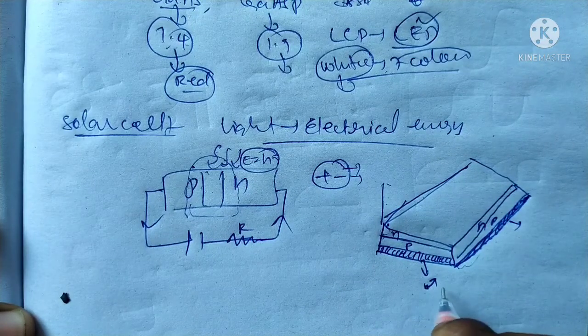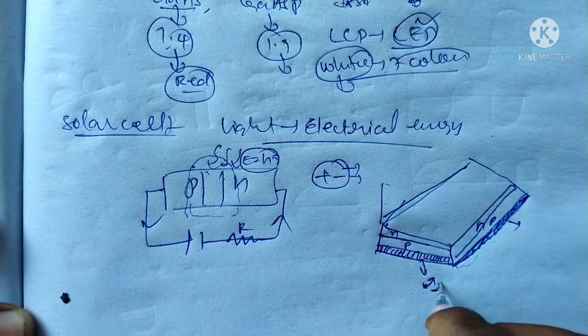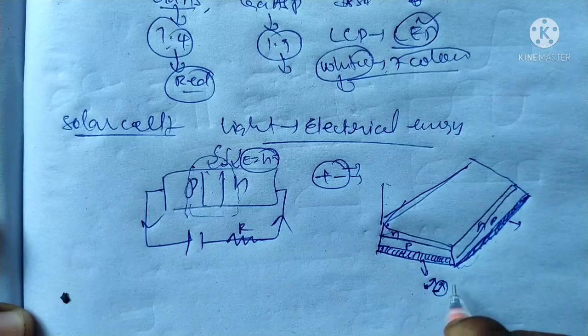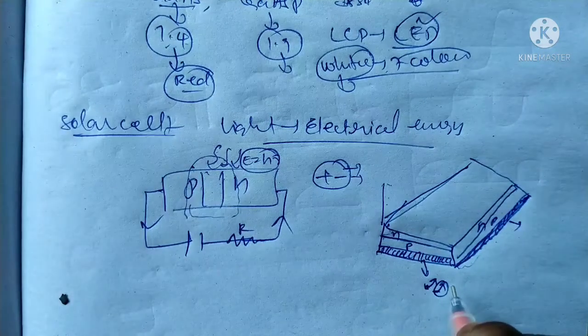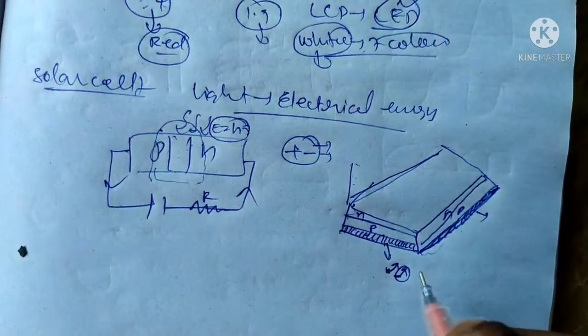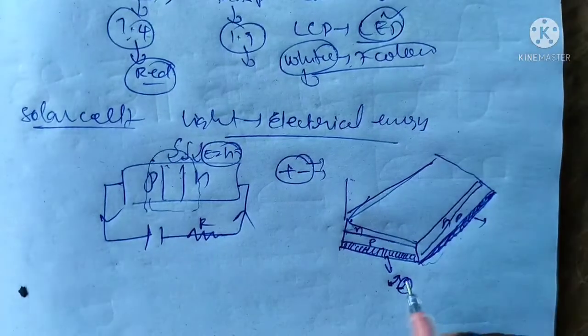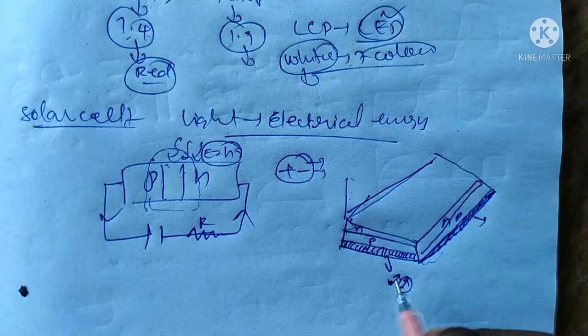Suppose the light energy is passed on a black cover, it absorbs the energy, like black cloth or black colors, and the same amount of energy is released or transmitted.